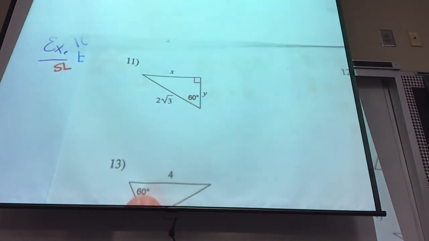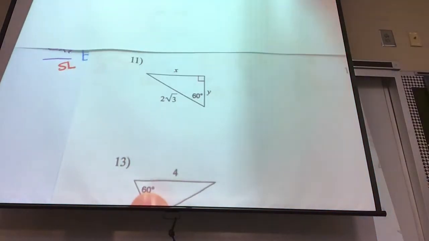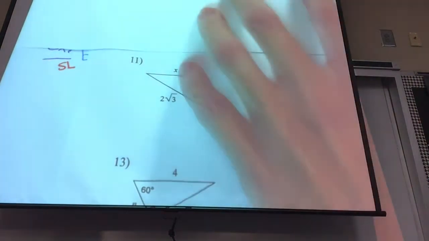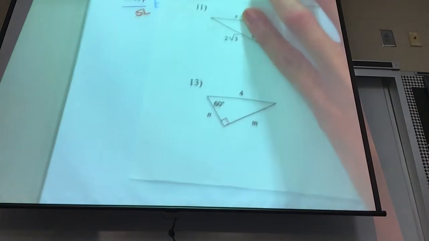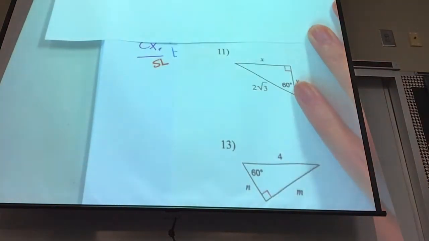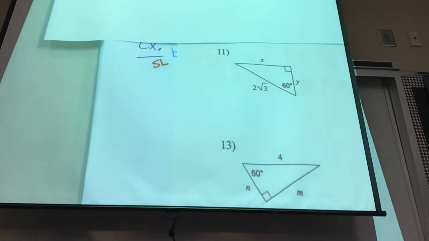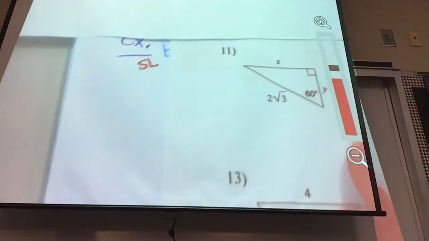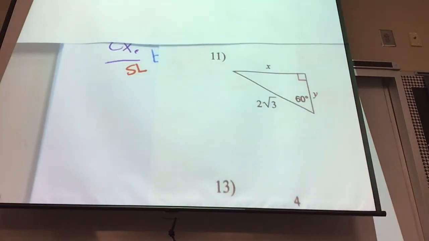I gotta figure out where my problem is. So we're doing this one. I can move all my mess out of the way. Okay, so we're doing this one right here. So go ahead and copy this one down on your piece of paper.